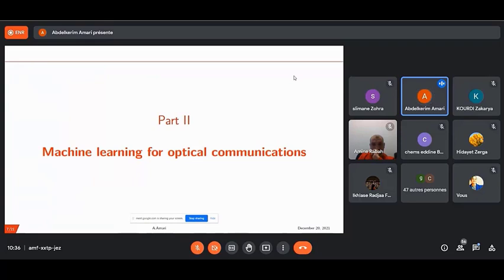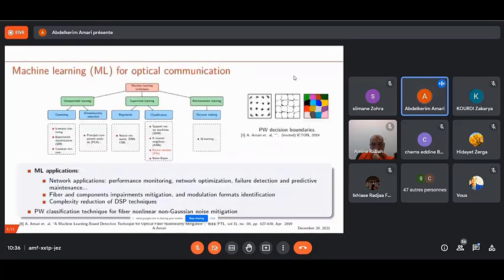Let's move now to the second part with machine learning for optical communication systems. Machine learning for optical communication systems is a hot topic now, and there is a lot of research work in this context, with different applications, mainly network applications, like performance monitoring, network optimization, failure detection, and also predictive maintenance.